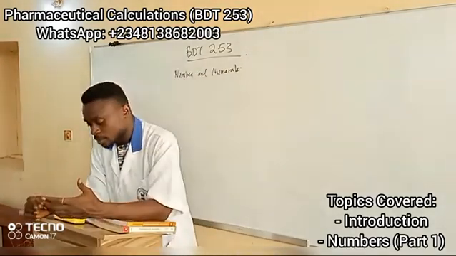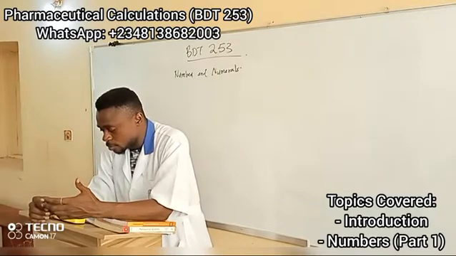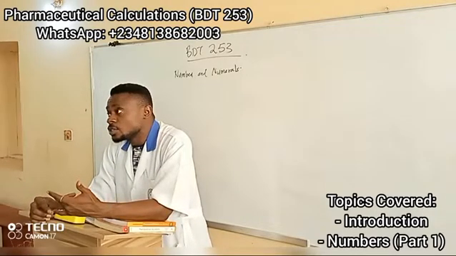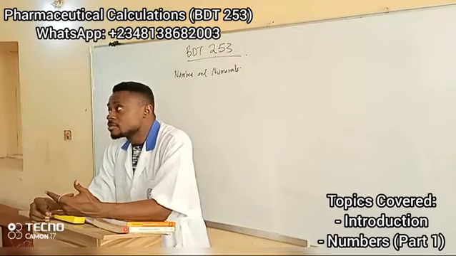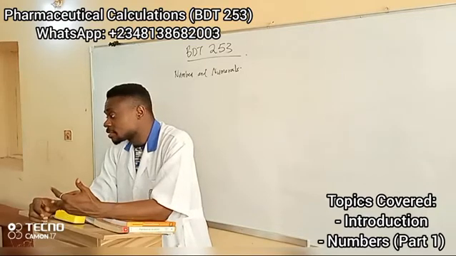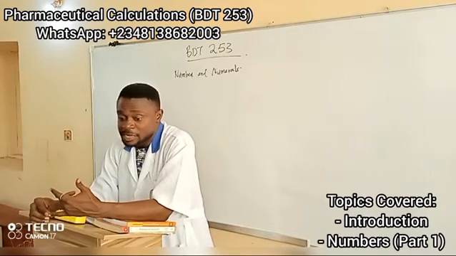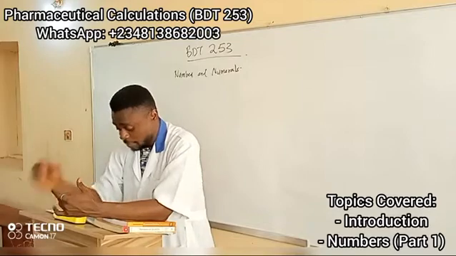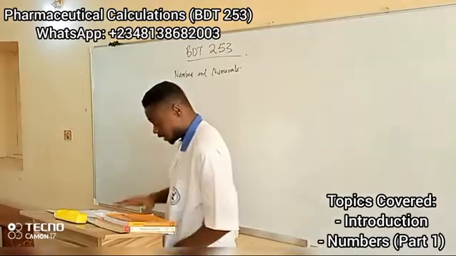Now, we have two main categories of numbers. We have the real numbers and the imaginary numbers. Real numbers and imaginary numbers.